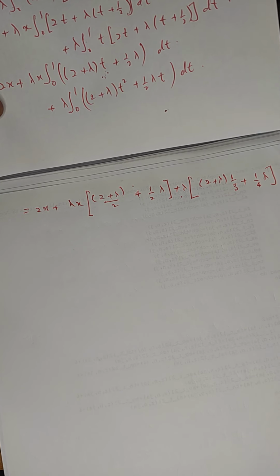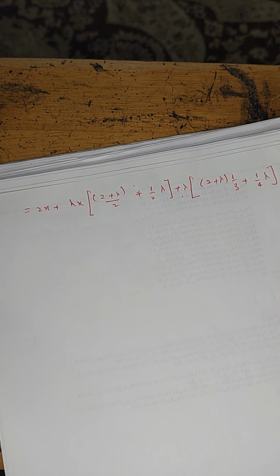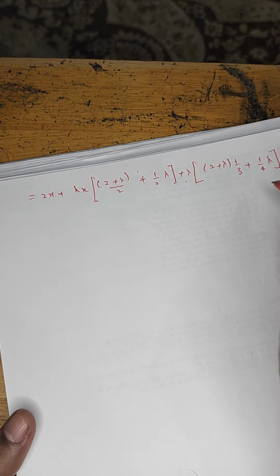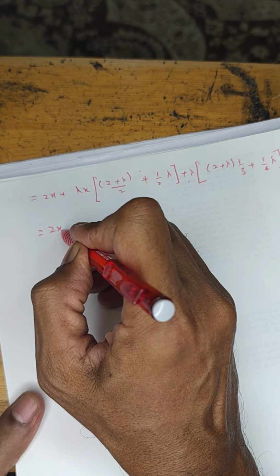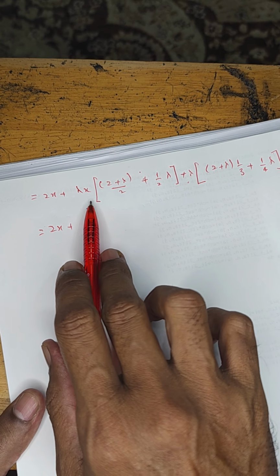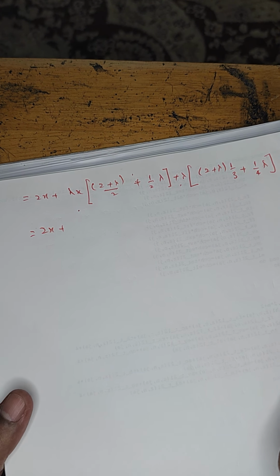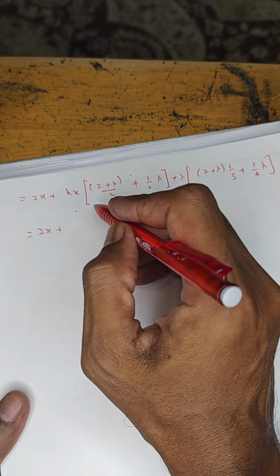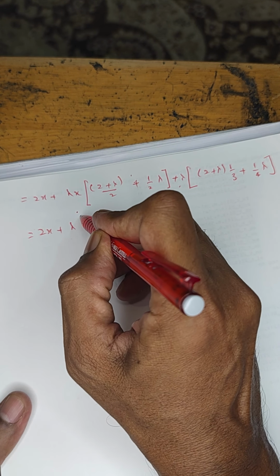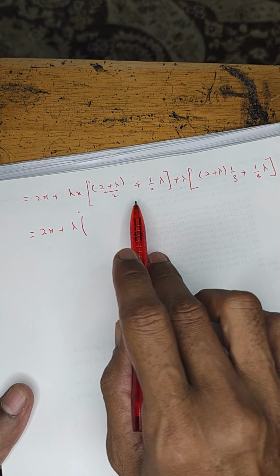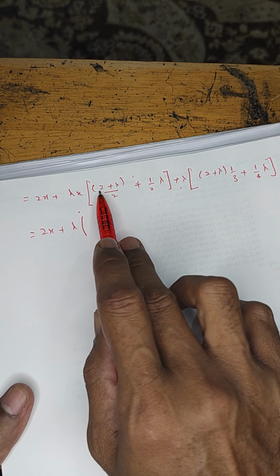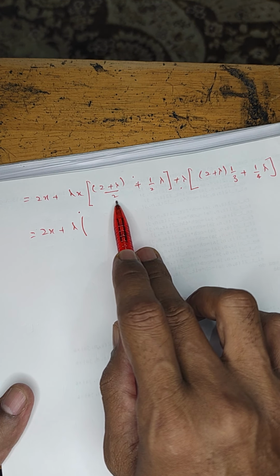Okay. So then you can simplify this. This will give you 2x plus, you arrange that in terms of lambda, so we have a lambda, then we have one x here.